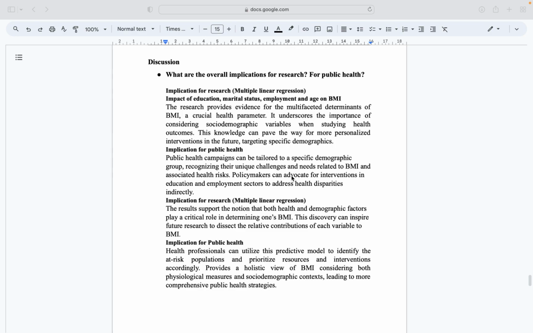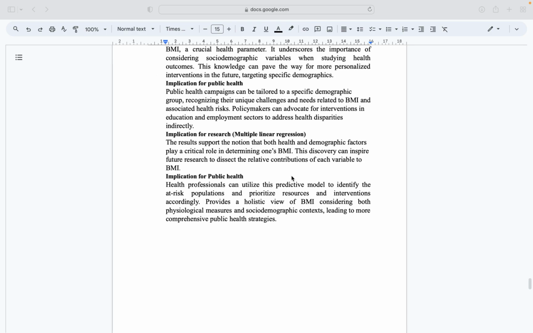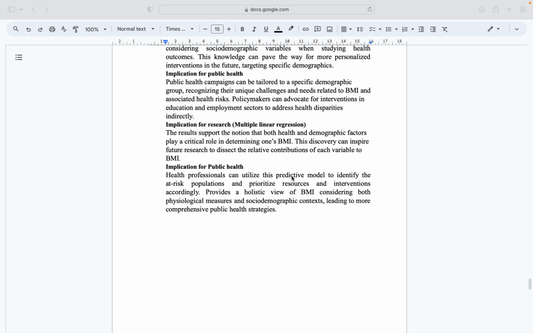The result of this analysis supports the notion that both health and demographic factors play a critical role in determining one's BMI. This discovery can, of course, inspire future research to dissect the relative contributions of health variables to BMI. What are the implications for public health?